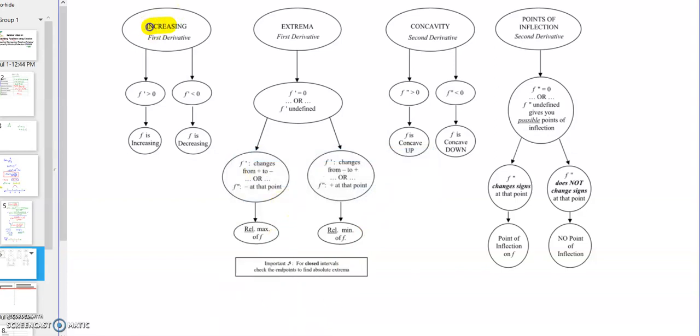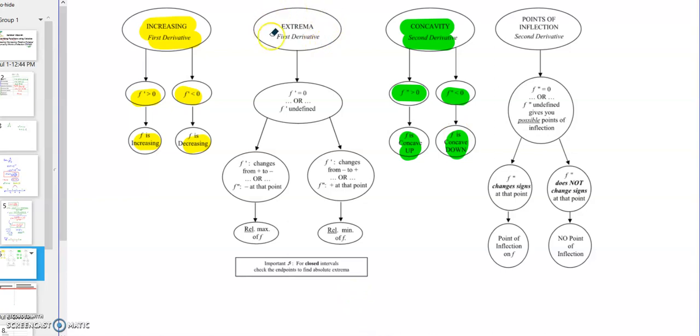So when you think about determining if a function is increasing or decreasing, you should think first derivative. If it's positive, it's increasing. If it's negative, it's decreasing. When you just think about the second derivative, no. My second derivative helps me determine where my function is concave up or concave down. Okay, those things kind of parallel each other.